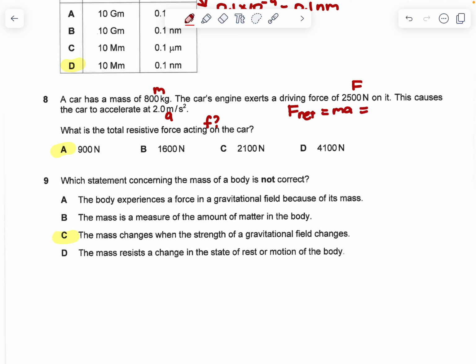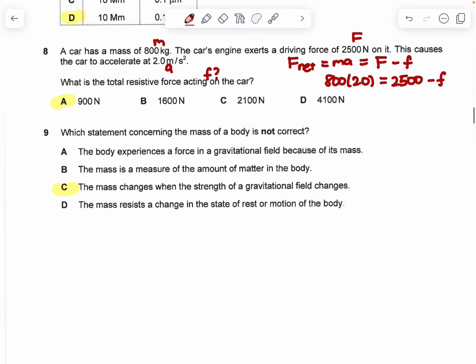In this case, F net is the driving force minus the resistive force. So we have 800 times acceleration 2.0 equals driving force 2500 minus resistive force.